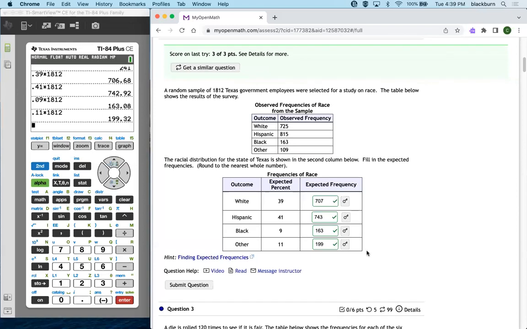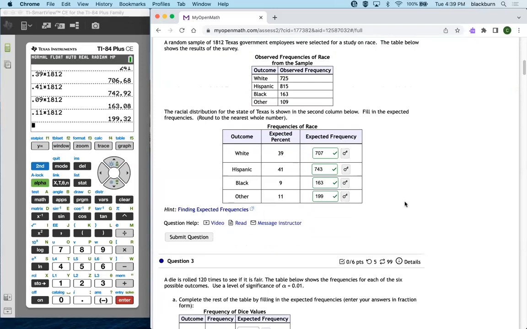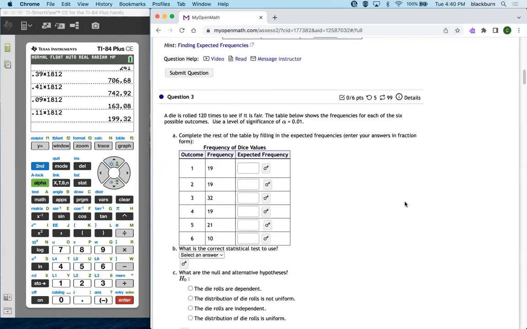The next one, we're actually going to test and see if the observed frequency fits well with the expected frequency, the goodness of fit test. All right, so number 3, a die is rolled 120 times to see if it is fair. The table below shows the frequencies for each of the 6 possible outcomes. Complete the rest of the table by filling in the expected frequencies.